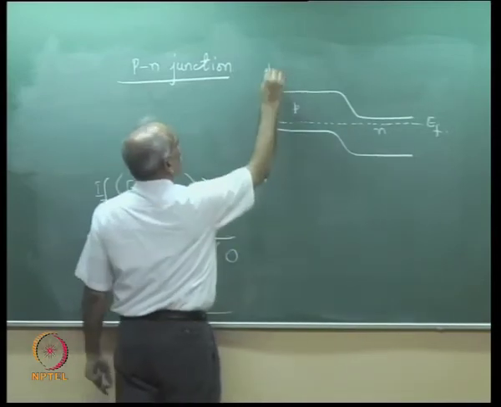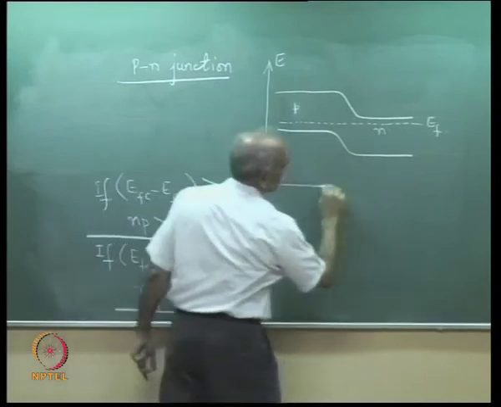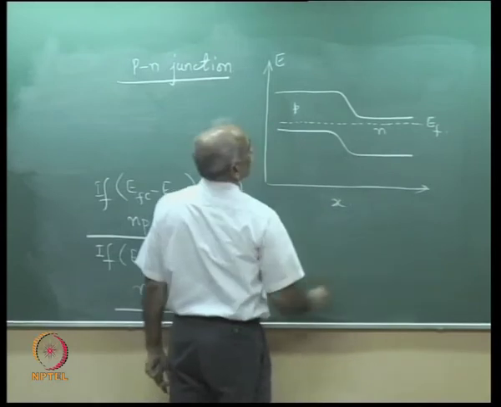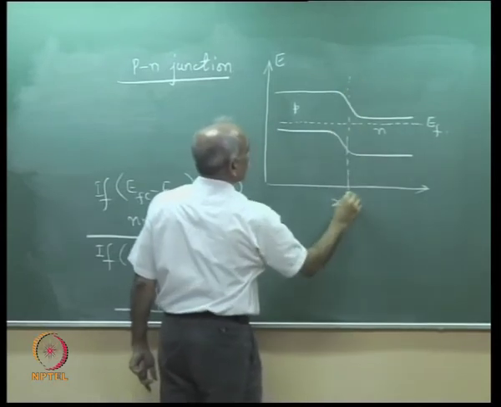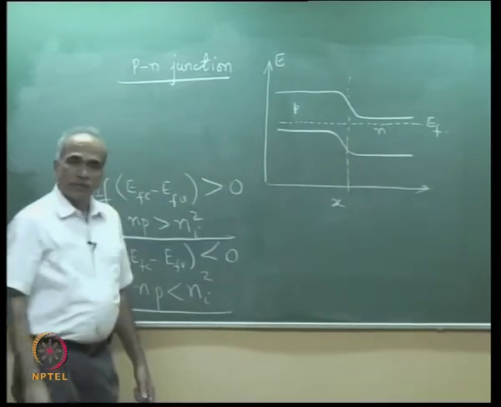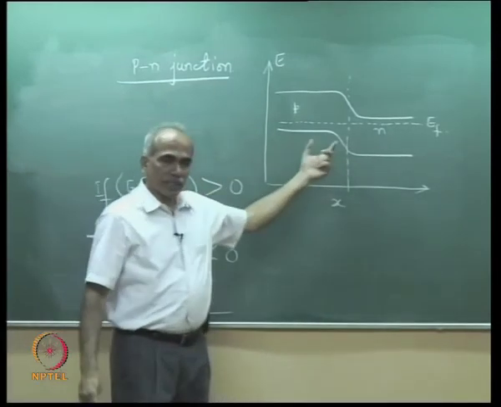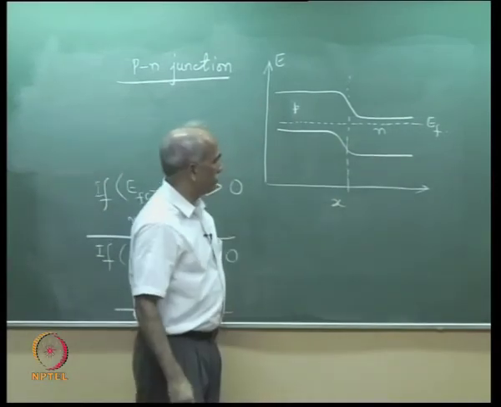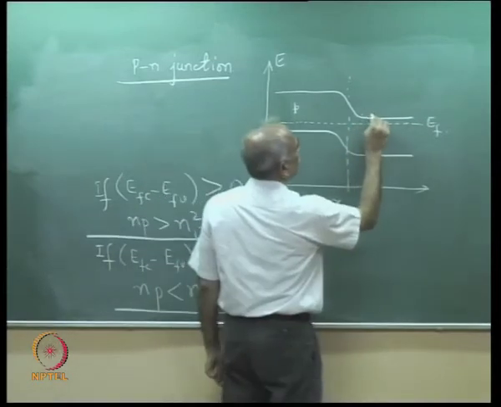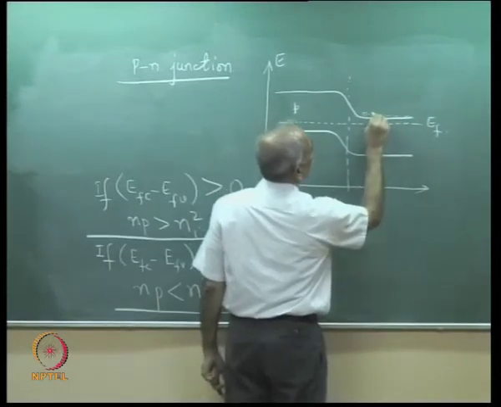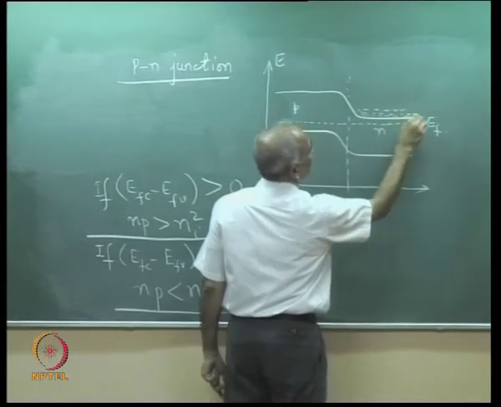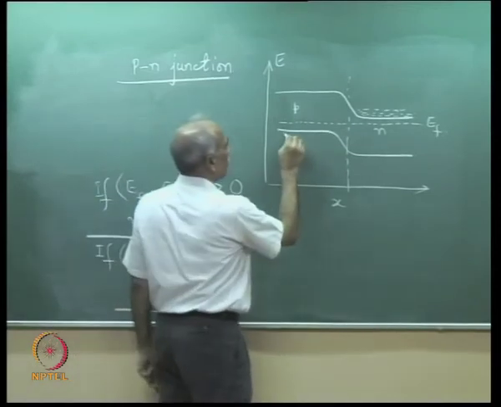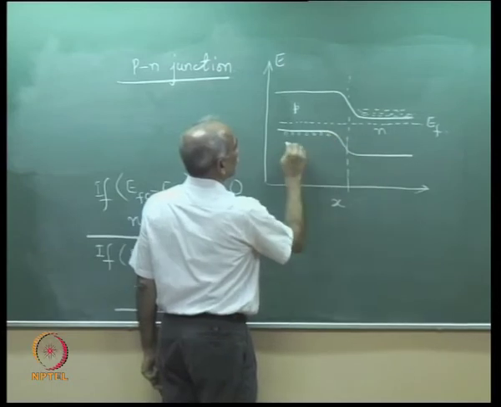This axis is energy, E, and this axis is the distance, x. You can take x equal to 0 at the junction, the metallurgical junction between p-type material and n-type material, and there is an energy band variation. So you have plenty of electrons here, water. Whenever an electron comes, just think of water, very easy to follow, and plenty of holes, air bubbles.